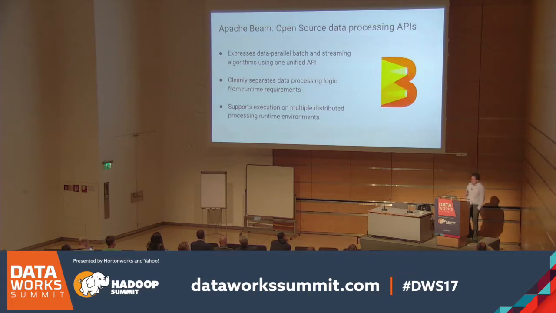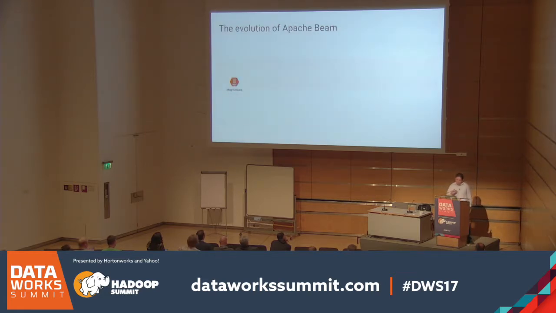To put Beam into the context of the broader big data ecosystem, let's talk a little bit about its evolution. Apache Beam traces its roots back to the original MapReduce paper that Google published back in 2004, which fundamentally changed how we think about distributed data processing.